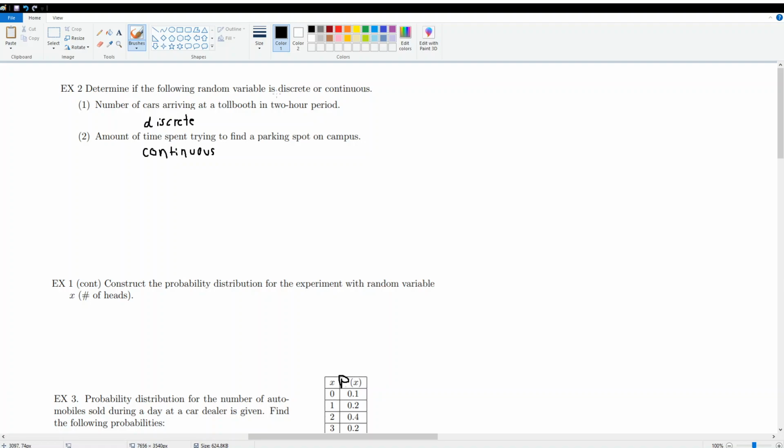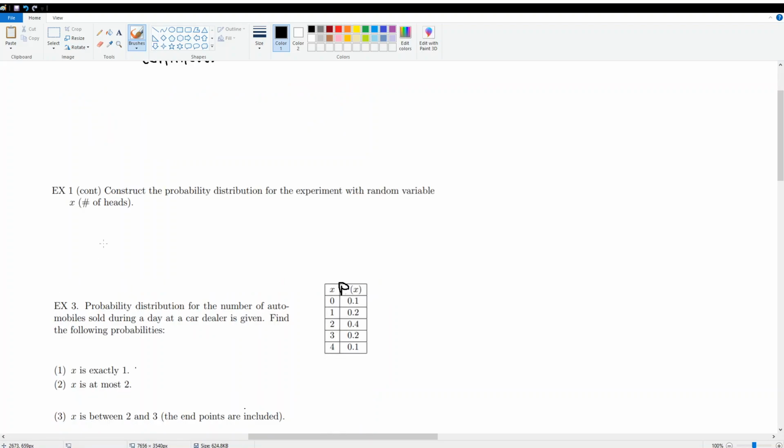So now, we will move on to our probability distribution for the experiment with random variable x, number of heads. I'm going to construct it horizontally. So we'll have our 2 rows, our xi and p of xi. In this case, we can have a head or a tail.